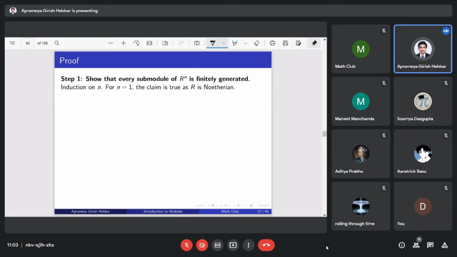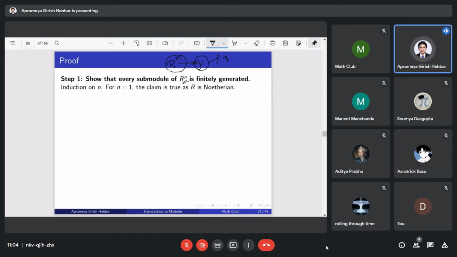We are using induction. What we want to prove is some statement about a module V. This is finitely generated, and we already have a surjective map that goes to V. So we prove the theorem about Rn, and then we try to show that this statement is also true on V. The first statement is to show that every submodule of Rn is finitely generated.